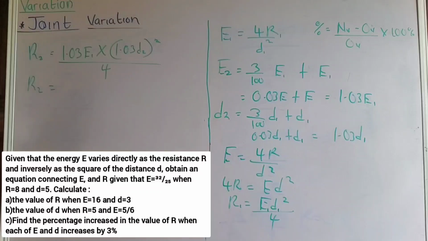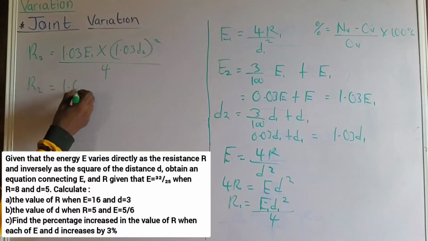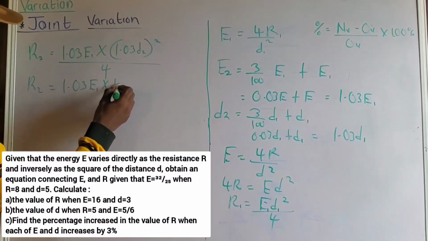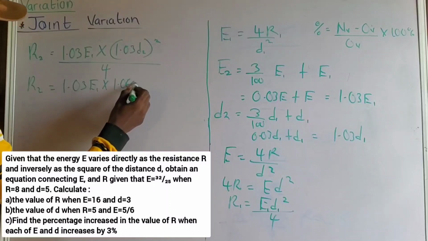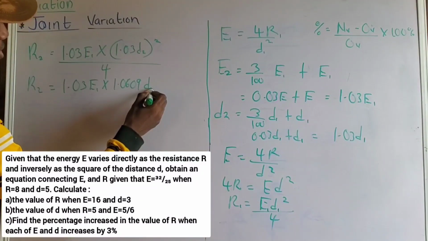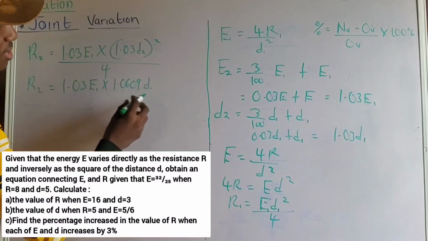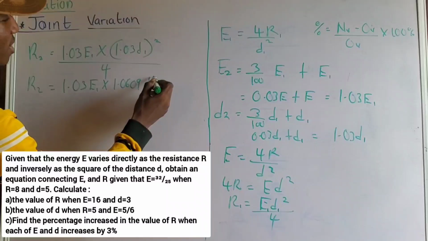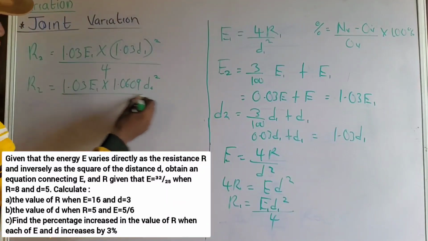Now listen. If you take the square, 1.03 squared, what's the answer? 1.03 squared is 1.0609. So I'm going to have 1.03 E1 multiplied by 1.0609 D1 squared, all over 4.